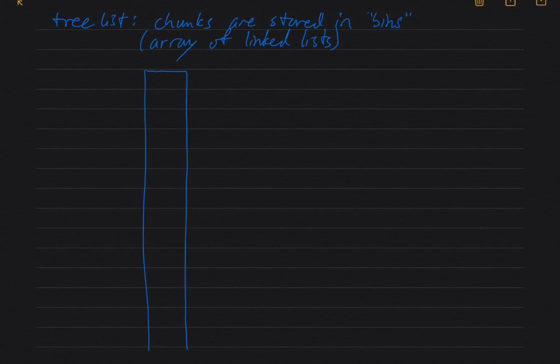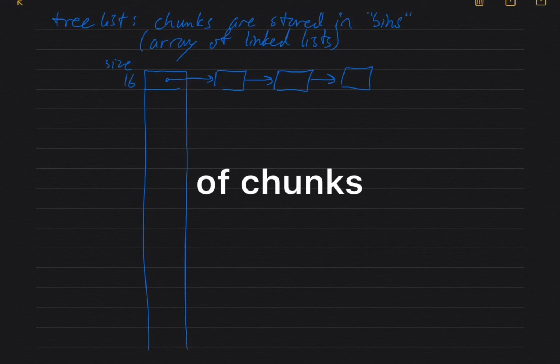And so the size of the first bin is 16, and that is a linked list of chunks that are exactly 16 bytes each, and then 24 bytes, and some of these bins will be empty, some won't.